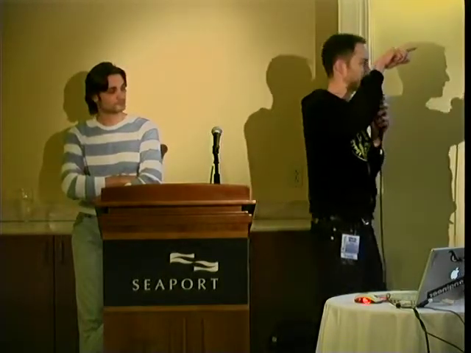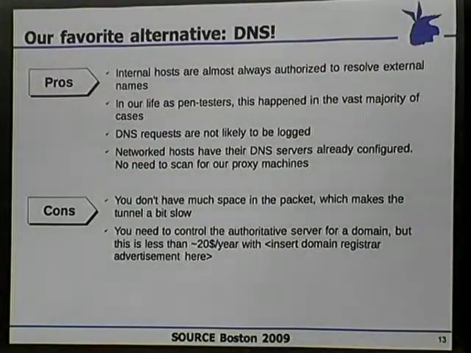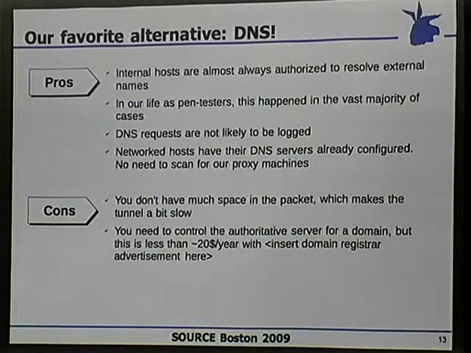The DNS servers are already there. They're already set up in any network machine, so we don't have to look for one to use. The problem is that we don't have much space in the packet, especially for the upstream data. And also another problem is that you need your IP to be an authoritative IP address for the domain, but that's very easy to do. I mean, just a very tiny investment.